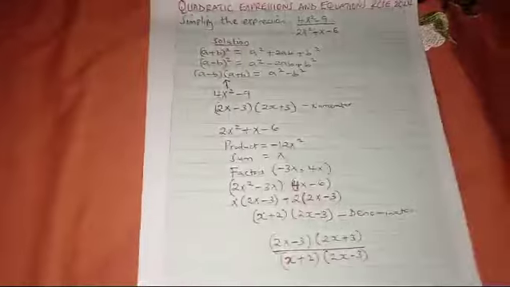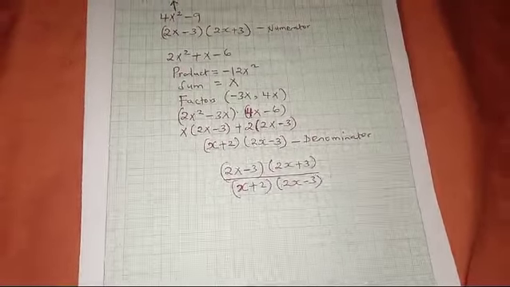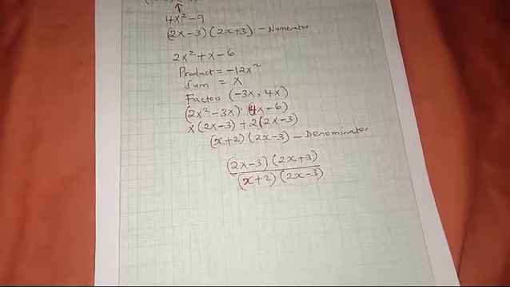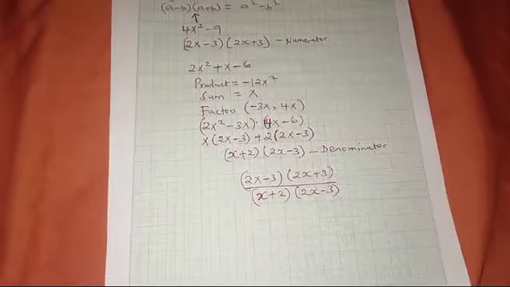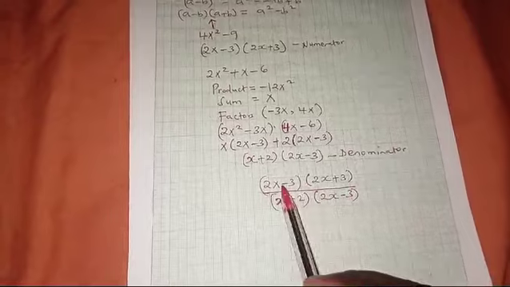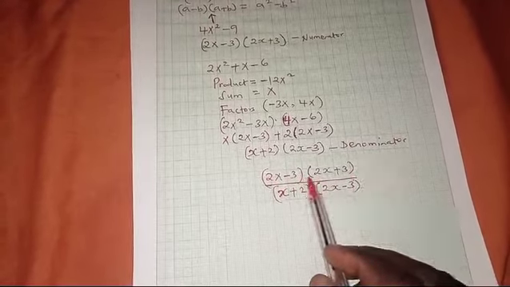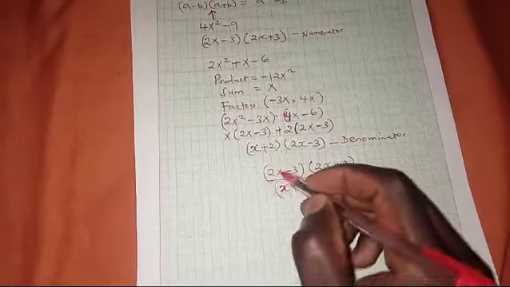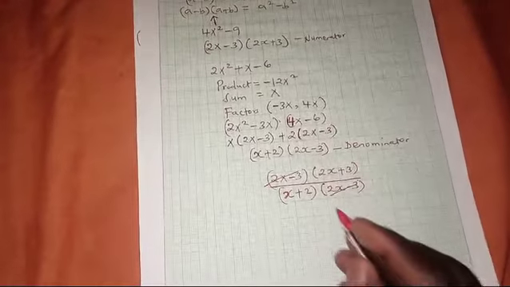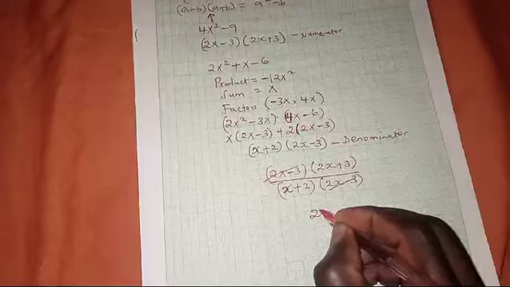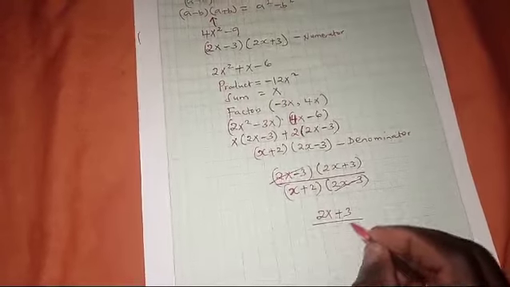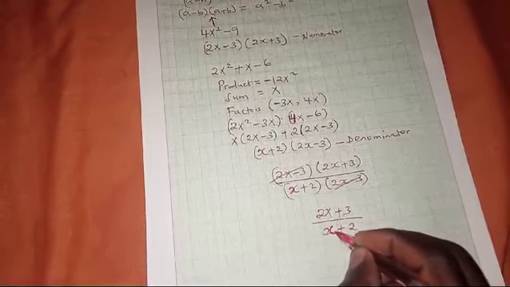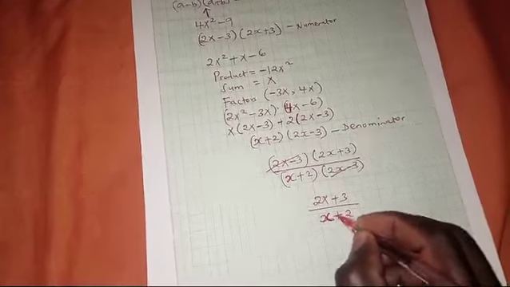When you look at the numerator and denominator, you discover they have a common element, 2x minus 3, so it cancels out. Our final answer is 2x plus 3, divided by x plus 2. This is the simplest form, and we have simplified accordingly.